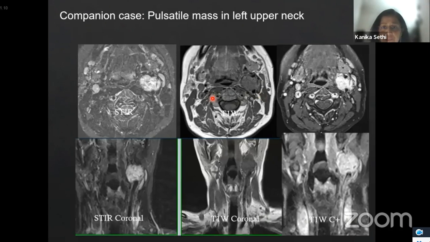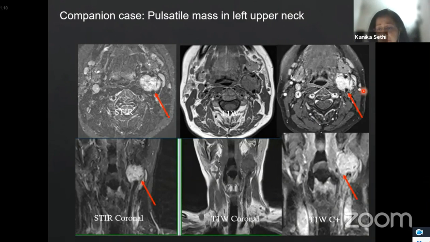Whereas if a lesion in the carotid space shows flow voids, enhances intensely, and causes splaying of the external and internal carotid vessels, it becomes a glomus tumor. So these lesions can compress the vagus nerve since it is in the same space.